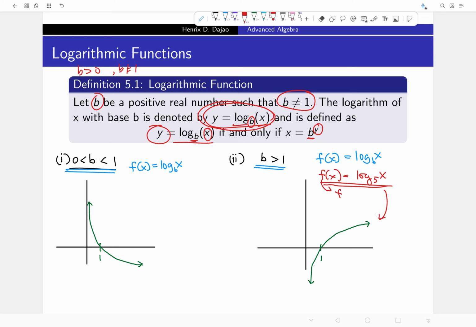Similarly, if we have the function f defined by log x with base 1/2, the graph of this roughly looks like this, whenever your b is between these values. So that is the rough sketch of our graphs considering the two cases.